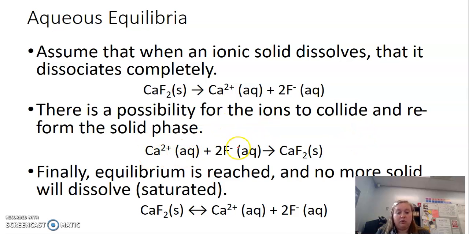So these calcium and fluorine ions could come together to form that solid. And once we've reached equilibrium, we can write it as a dissociation reaction using that equilibrium arrow. And so these are the types of reactions that you're going to be writing for pretty much this entire unit. So you'll have the solid and it will break into its respective ions with the equilibrium arrow in the middle.